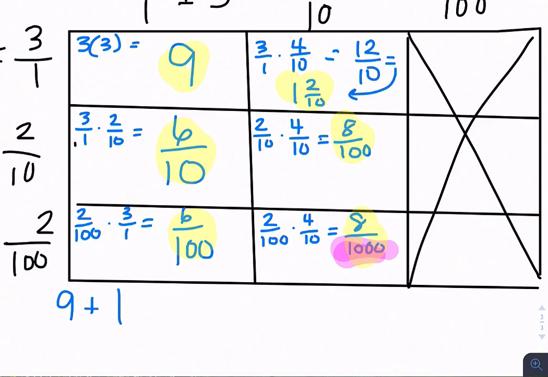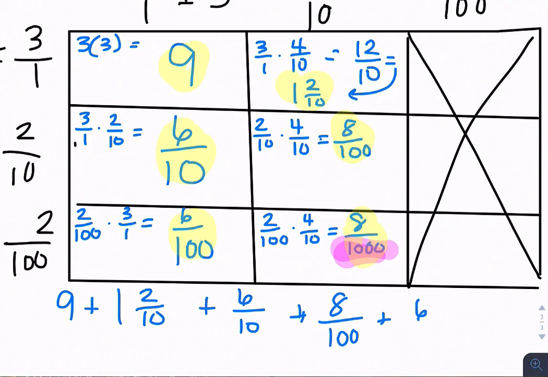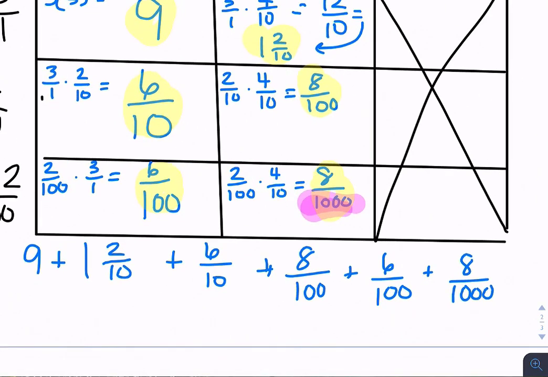So I have 9 plus 1 2/10 plus 6 tenths plus 8/100 plus 6/100 plus 8/1000. What I can do here is get all these fractions to be out of 1,000.